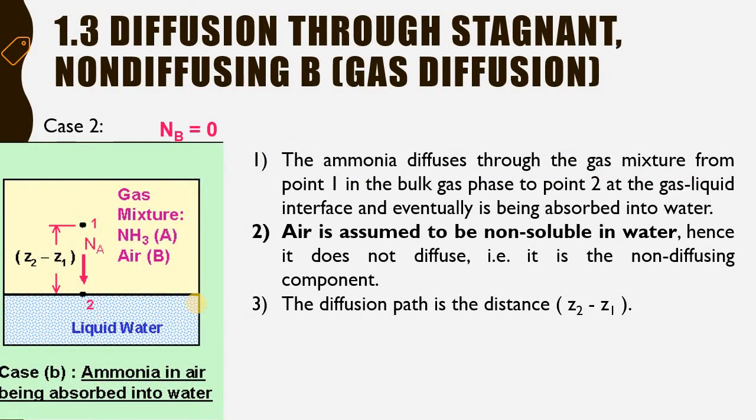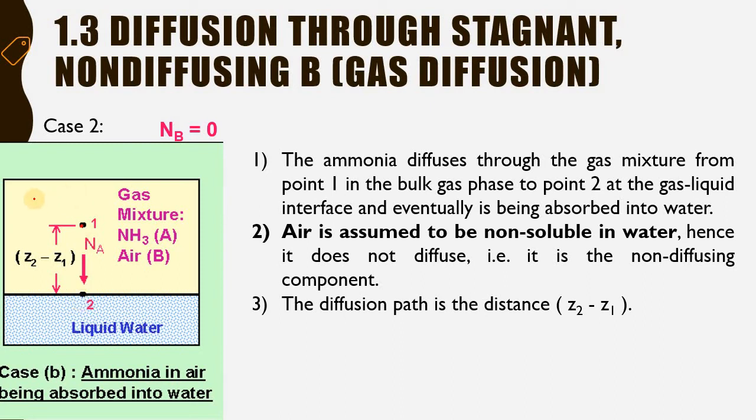For case 2, another example of diffusion through stagnant non-diffusing B. We have ammonia. Ammonia diffuses through the gas mixture from point 1 into the bulk phase at point 2, at the gas-liquid interface, and eventually it will be absorbed into the water.